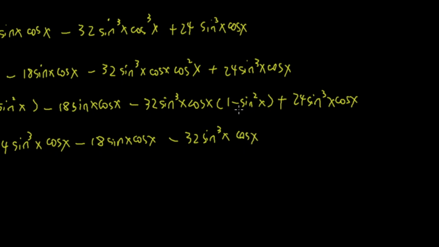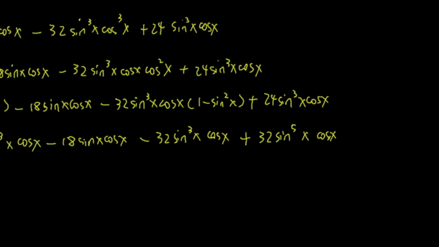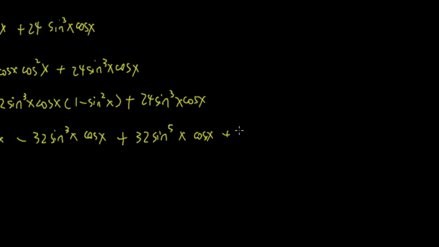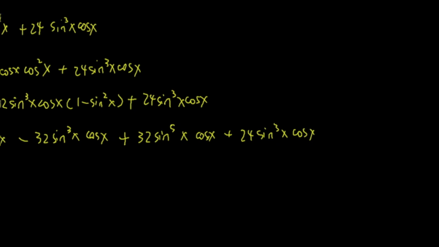Now minus becomes plus, so that would be 32 sine to the 5th x cosine x, and this is the same. Now let's group all the like terms together.